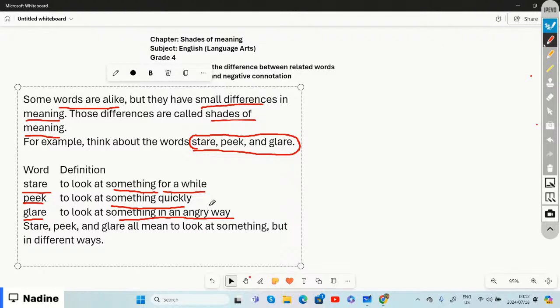So which means that if we basically think about the words stare, peek, and glare, they all mean to look at something, whether they're staring at something, quickly looking at something, or looking at the specific item for a while.